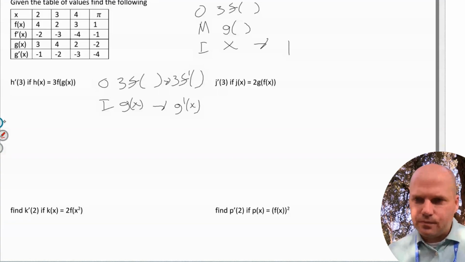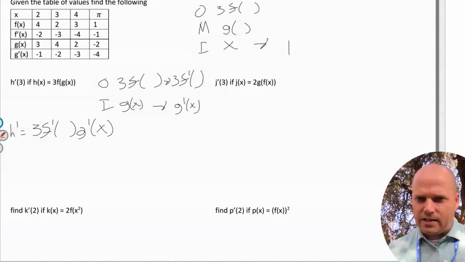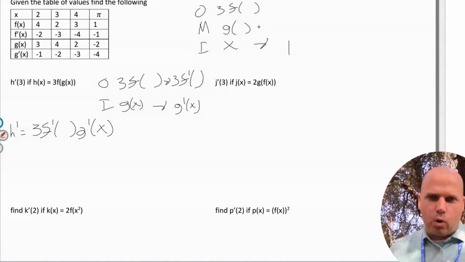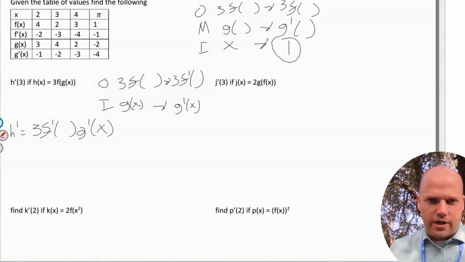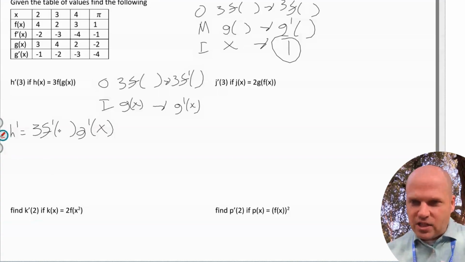So I'm going to write the slope of 3f of g as 3f slopes parentheses g slopes at x. And again, if you did OMI, it works out the same way. It's just not necessary because you have g of x, and this 1 isn't going to change anything.